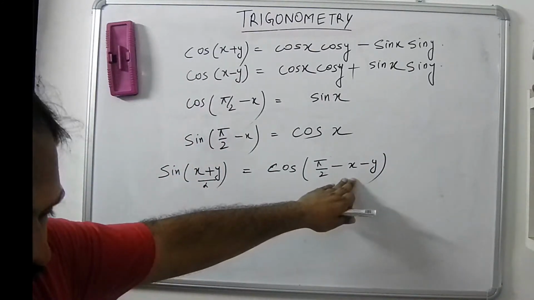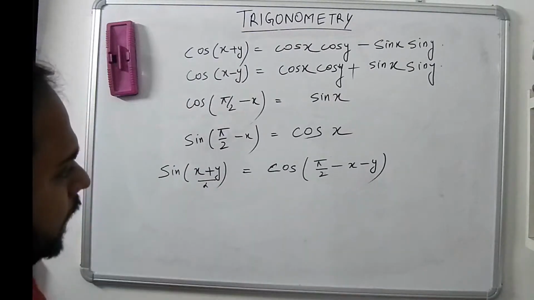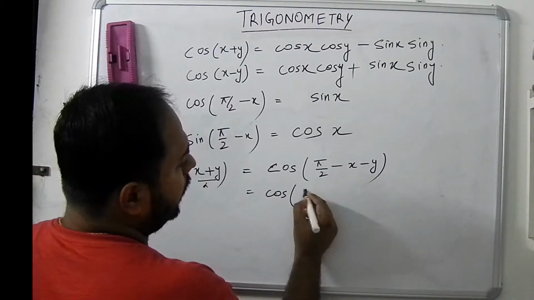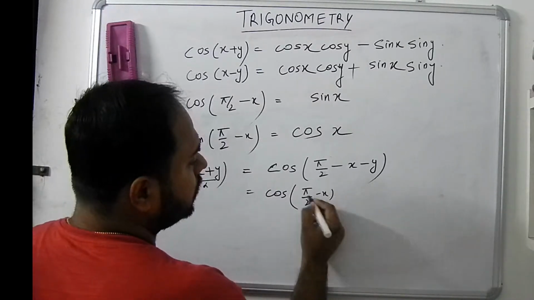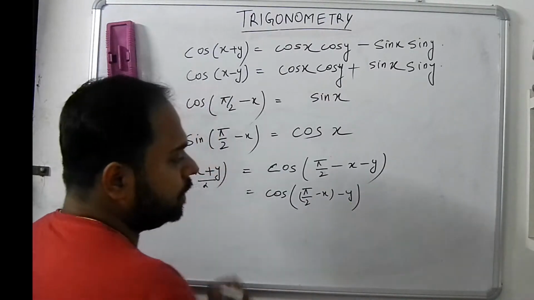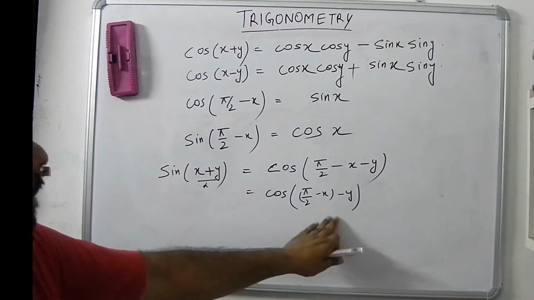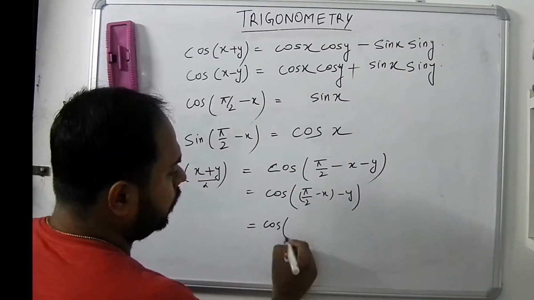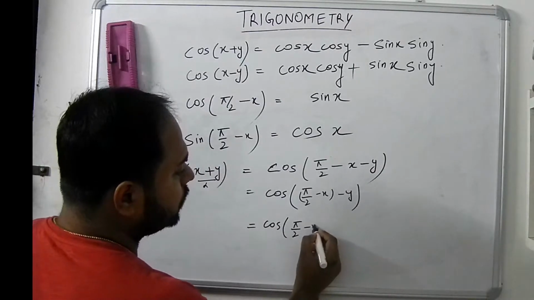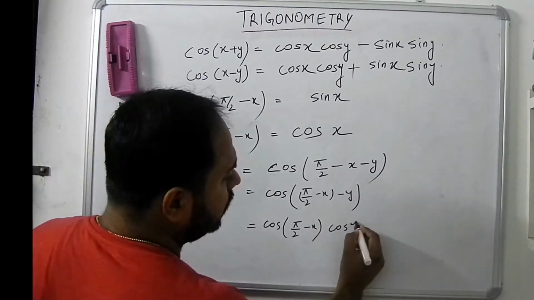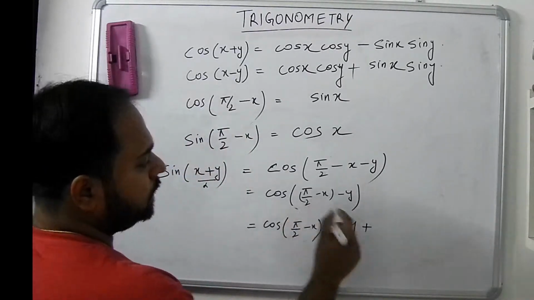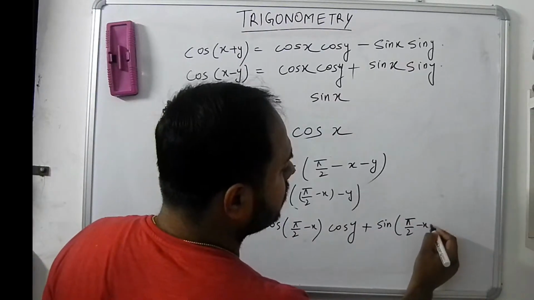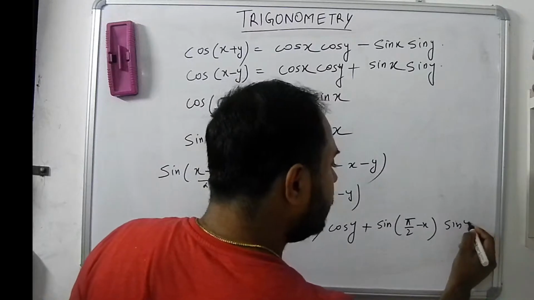So this is the situation. Cos of pi by 2 minus x minus y, right? So let's take it in this way: cos of pi by 2 minus x, minus y. So now it becomes a cos a minus b sort of situation. I make it cos of pi by 2 minus x, cos y, plus sin of pi by 2 minus x, sin y, right?